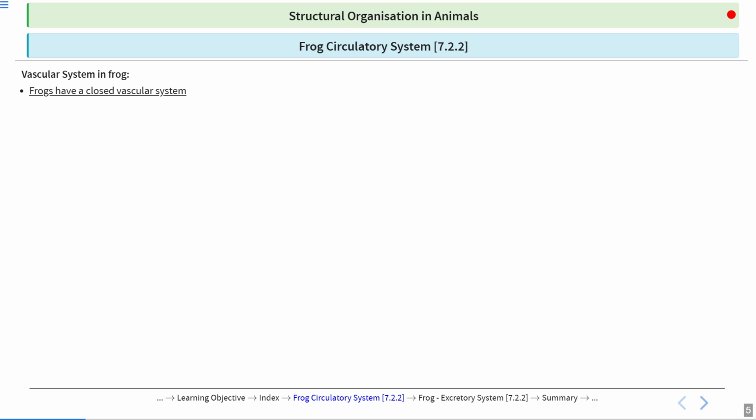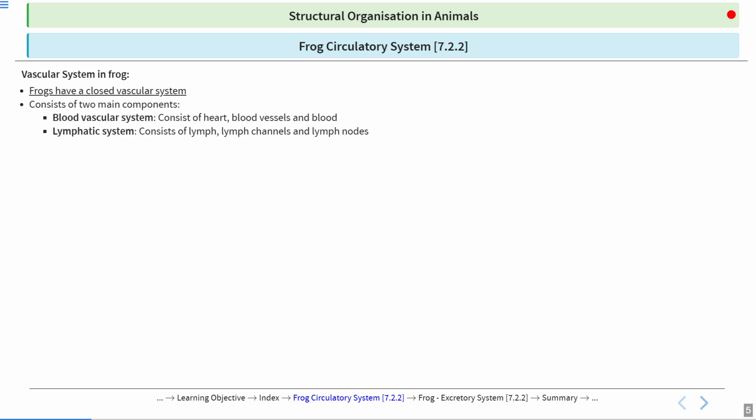There are no vessels that transport the blood to the destined organ. But in the case of closed vascular system, there are specific vessels that lead to the different organs from the heart. Okay, so this frog is having the closed type of vascular system.